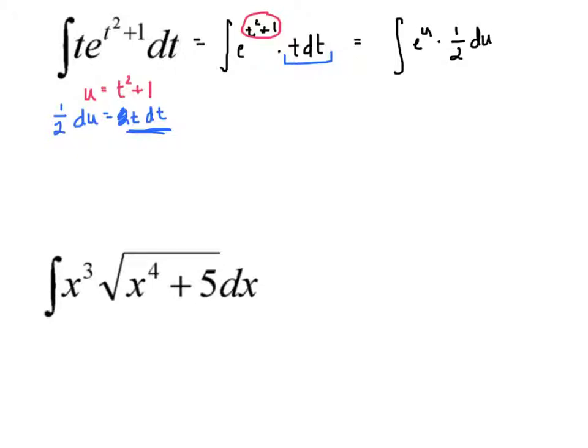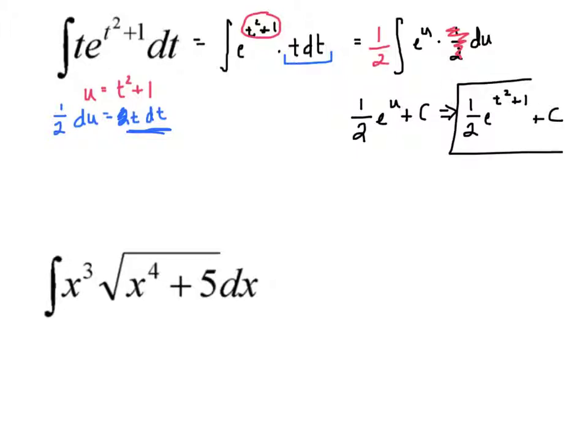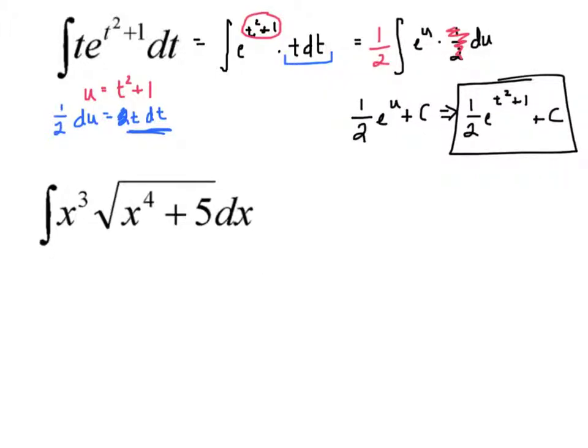And I would always take these constant multipliers, bring them out front, and then I would say, well, what's the antiderivative of e to the u? It's e to the u, so my answer is 1/2 e to the u plus c, but I should transform this back to be in terms of t, so 1/2 e to the t squared plus 1 plus a constant is my answer.